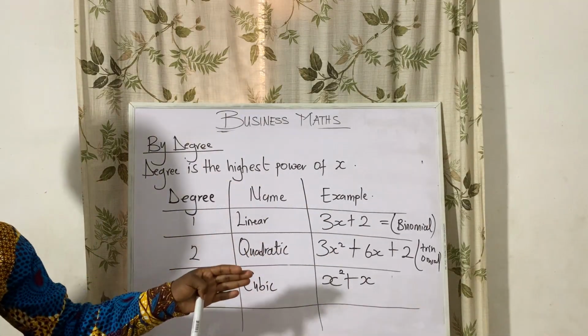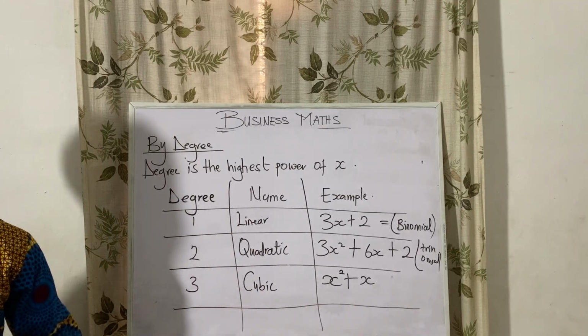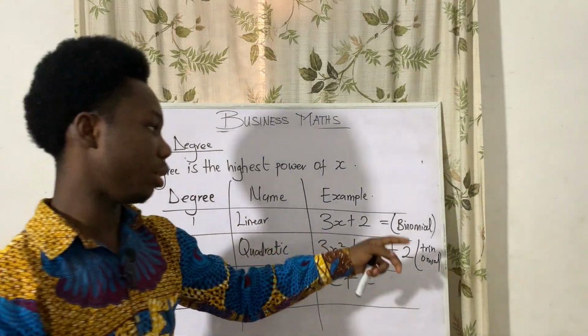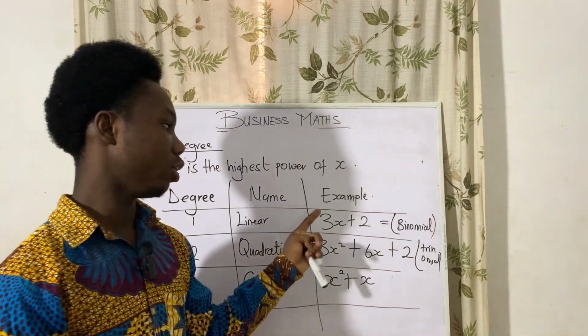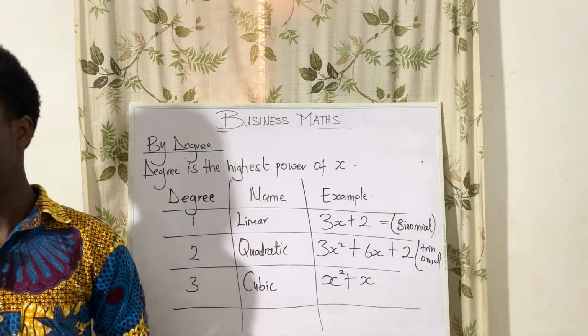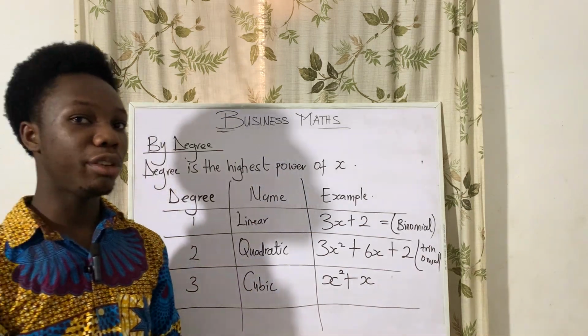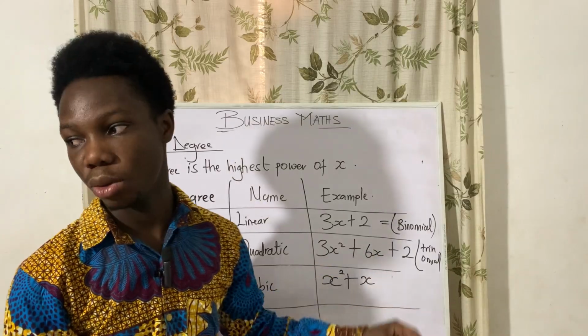Now looking at linear: linear is a straight line. The quadratic becomes a curve. When you are solving for a graph, this becomes your straight line and this becomes your curve.